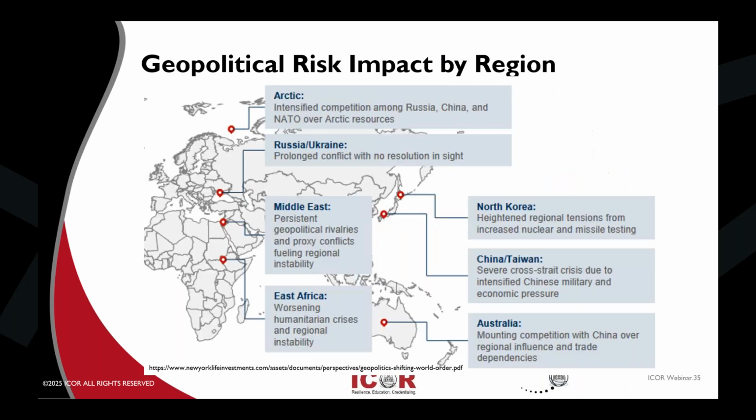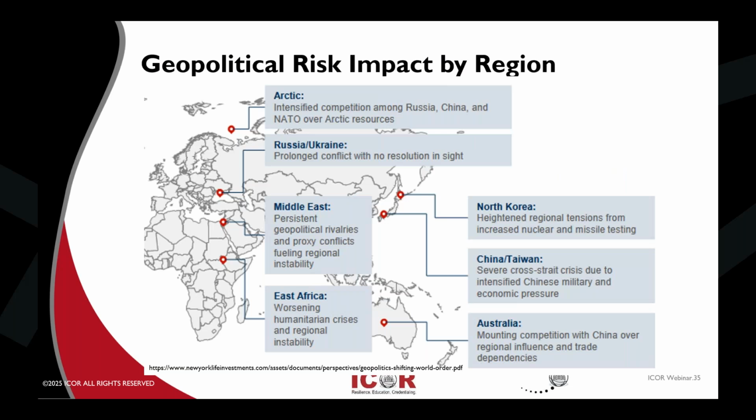And then I'll say the other side of the world, or maybe your side of the world, the Arctic itself, where you see intensified competition between Russia, China, and NATO over Arctic resources. We don't see any sort of resolution in sight for the Russia-Ukraine war.